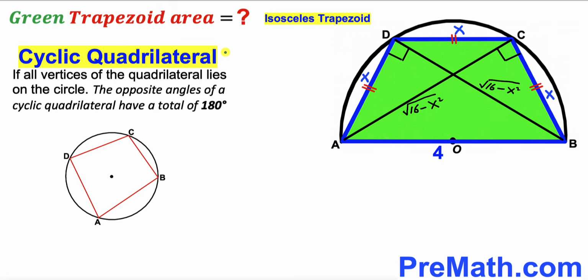Now let's recall the cyclic quadrilateral. If all the vertices of a quadrilateral lie on the very same circle, then such a quadrilateral is called a cyclic quadrilateral.